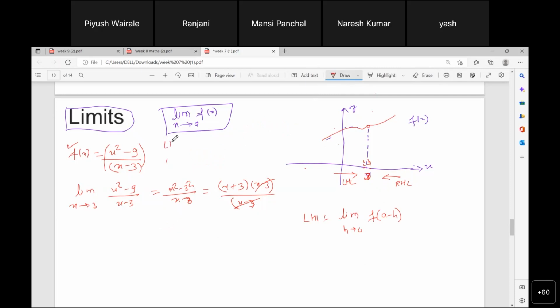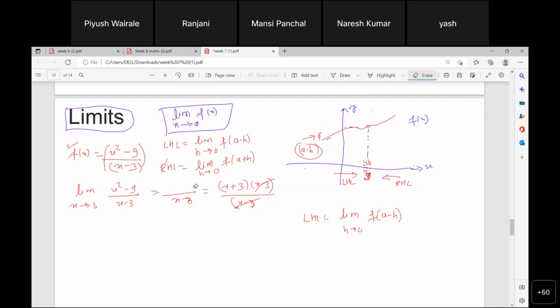Now here if I want to check left hand limit, what I will do is limit h tends to 0 f of a minus h, because I'm going from the left hand side, so this will be considered a minus h. And if this h tends to 0, then only this whole term will tend to a. So that's what we are doing: limit h tends to 0 f of a minus h. For the right hand limit, we have to do limit h tends to 0 f of a plus h, right?